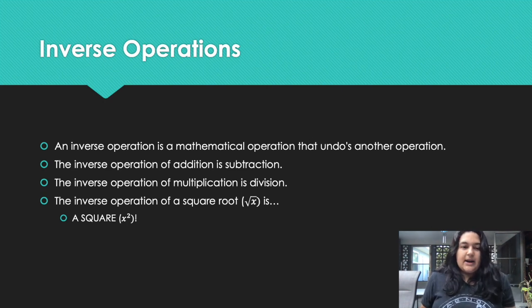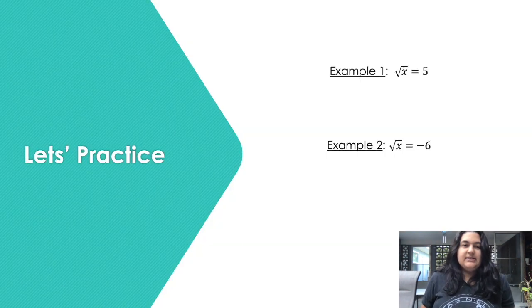Let's do some practice. Okay, we have our first example. The square root of x is equal to 5. So we talked about our inverse operation, and what we do to one side we have to do to the other, because that is just the nature of equations. So we're going to square one side and we are going to square the other.